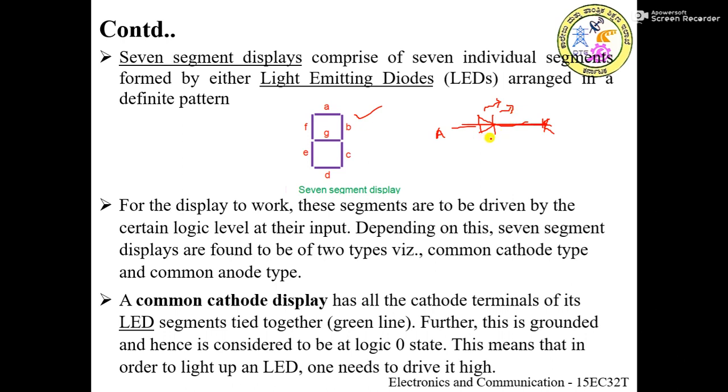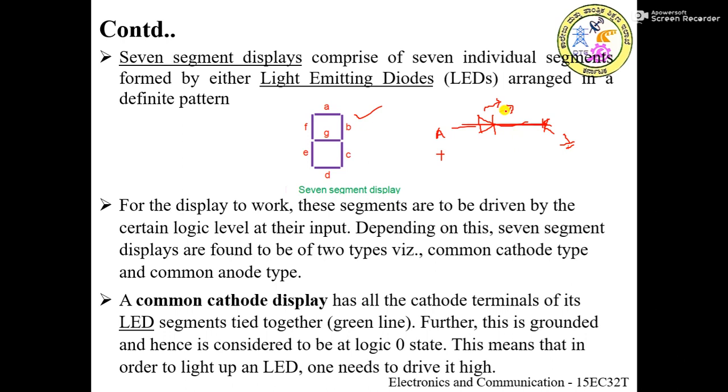So in order to have the forward bias condition, the anode should be connected to a positive supply or VCC, and the cathode should be connected to negative supply, or you can say ground. You should connect the cathode to ground. Whenever you provide the voltages in this fashion, this diode is going to emit the light.